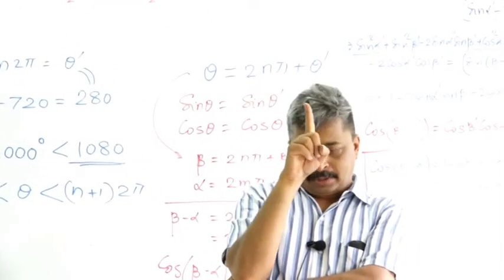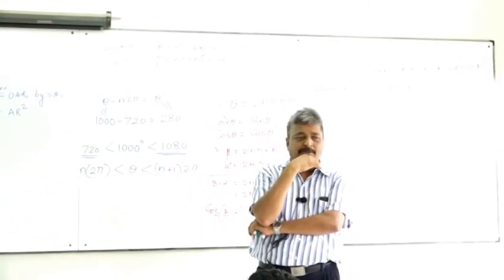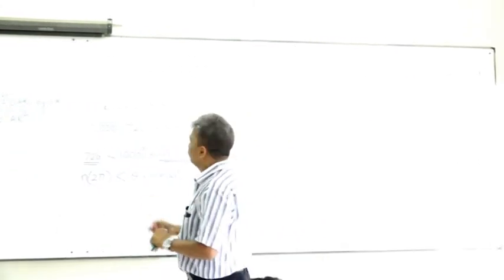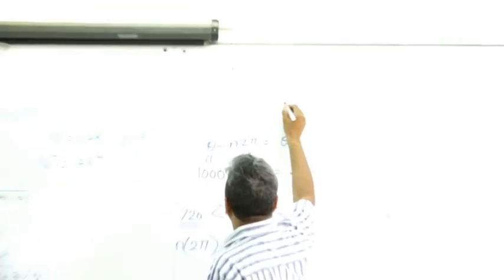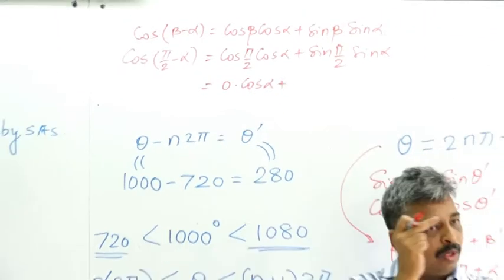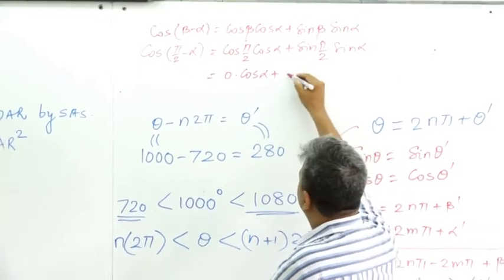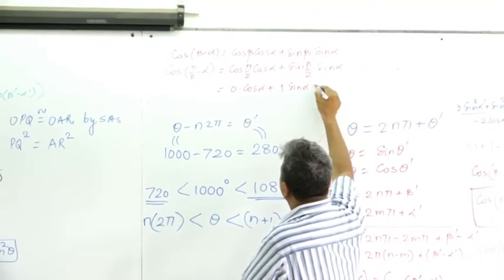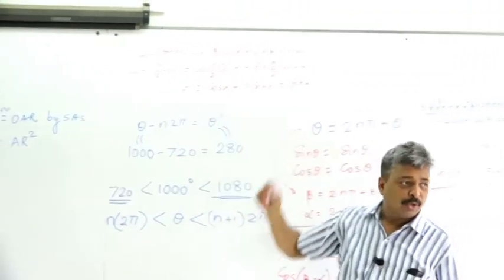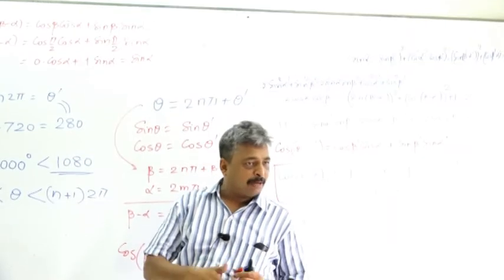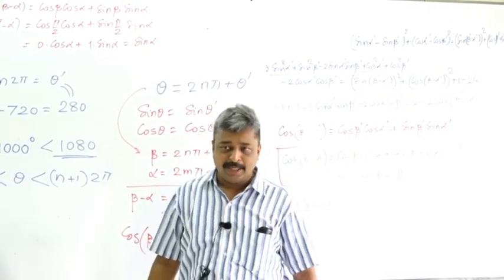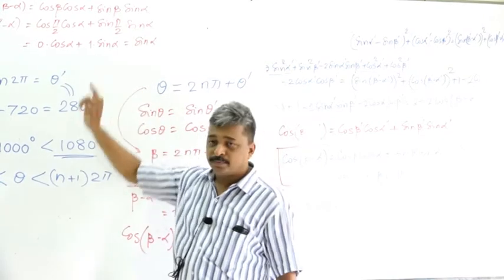Unit circle, terminal ray vertical along the positive y axis, and its x coordinate is 0. So 0 times cos alpha plus, for pi by 2, its y value is 1, so 1 times sin alpha, is equal to sin alpha. So this old identity is still true. Cos of pi by 2 minus alpha is sin alpha, for alpha being any real number. True.